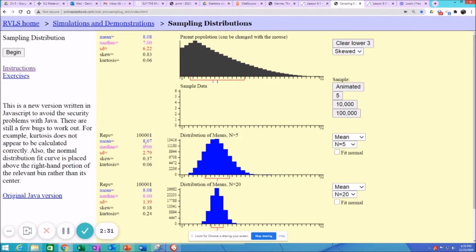The mean down here is right around there, and the mean down here is right around there. So they're unbiased estimators. If we're trying to find the mean of this data, the mean of these X bars are all right around the same mean, so unbiased. And secondly, the more I have, 20, the smaller the standard deviation, the smaller the spread. The less I have, the more spread out it is.